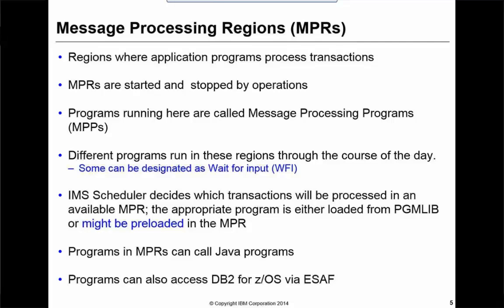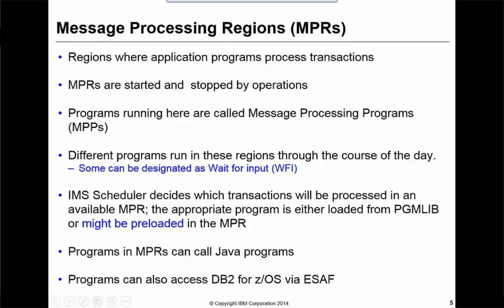And the scheduler will pick a transaction based on some priority scheme, and then the program will process the transaction. It'll be done with it. It'll be finished, and then it'll ask the scheduler for the next transaction, and so on. So that's what these MPPs do, is they sit there and they process one transaction after another.